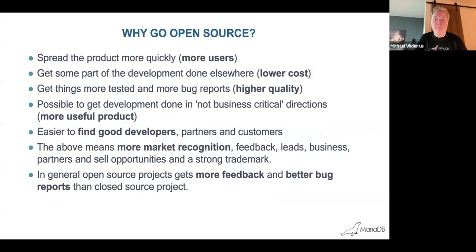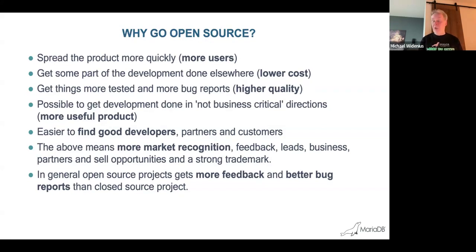Slide. So why go open source? Because it's so nice to be able to sell licenses and get the 10x valuation. The thing is also that it's much harder nowadays to sell closed source projects, because if you're a small company with a closed source project and you try to sell it to another company, that company doesn't have guarantees that you will survive.